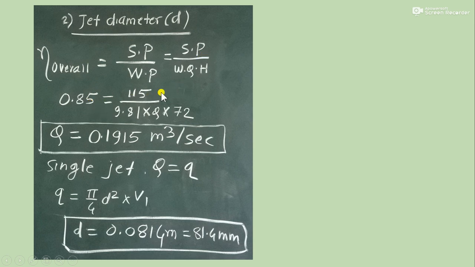On the right side the shaft power is given, and in the water power the specific weight we can take as 9.81. H is given. From this we get Q, that is the penstock discharge in meter cube per second. As the problem is of a single jet, here the penstock and jet discharge will be the same. So in the jet discharge formula, we can put the value of this discharge and we get the jet diameter in meters.